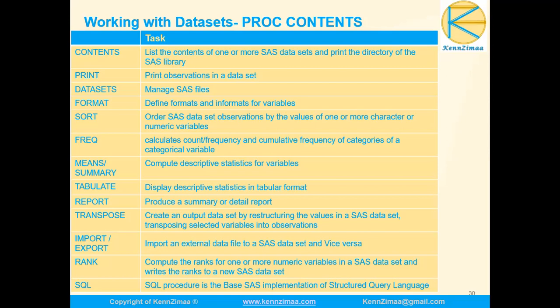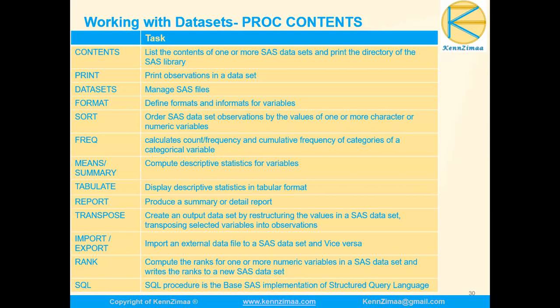Then we have PROC print, which will just print the set of observations that you have in your data set. PROC datasets is used to manage SAS files. For example, if you have to do some deletions, additions, etc., you use PROC datasets for that purpose. PROC format is used to define formats and informats for variables, not much used, so we probably can skip that as well.